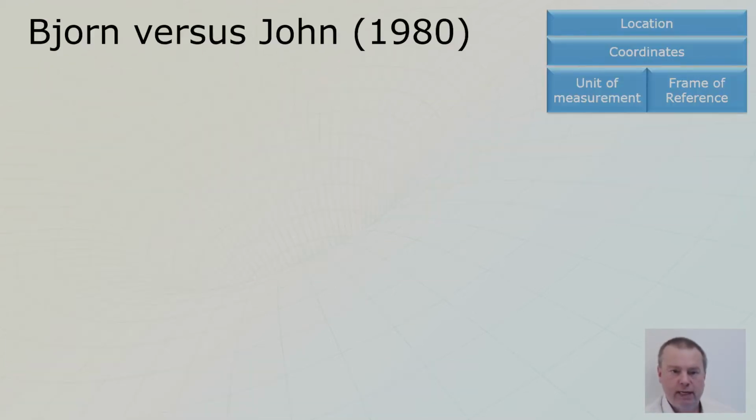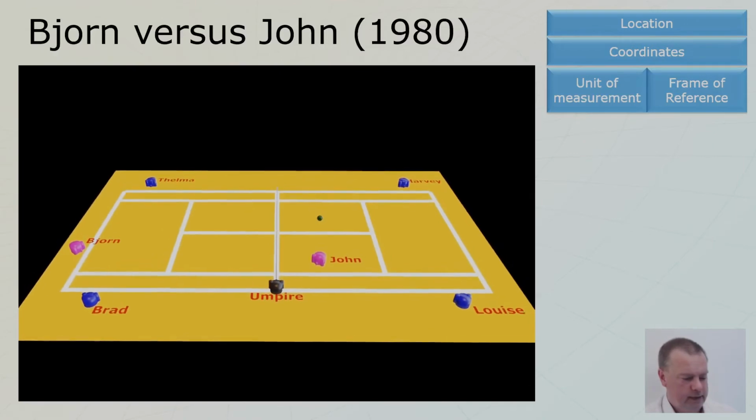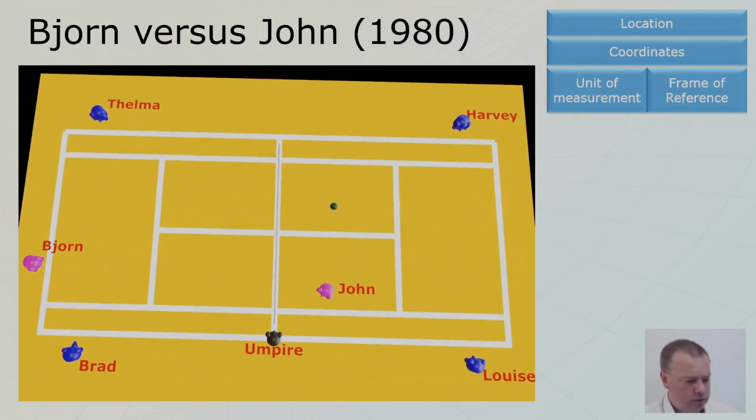Let's go back to the 80s where we had a great tennis game, Bjorn versus John, and we will use this scene to talk a little bit more about location, coordinates, unit of measurement and frame of reference. So here we have our playing field. The game has stopped now. The ball is somewhere lying still in the gravel and John is arguing with the umpire, of course waving his racket.